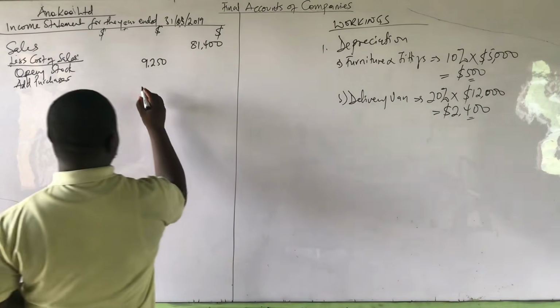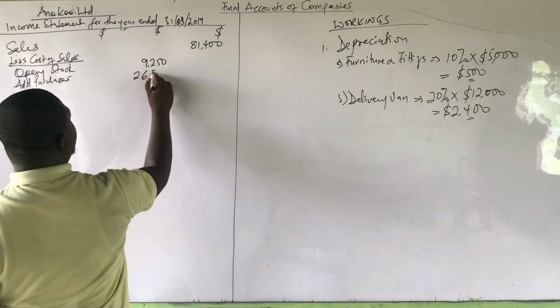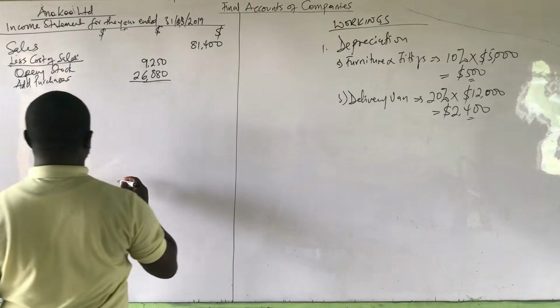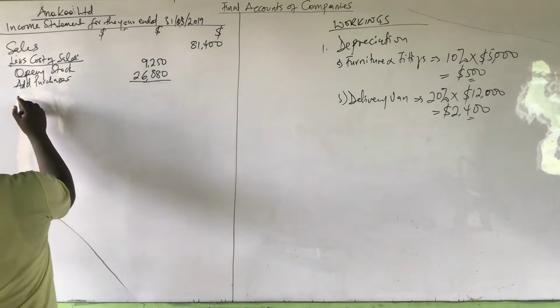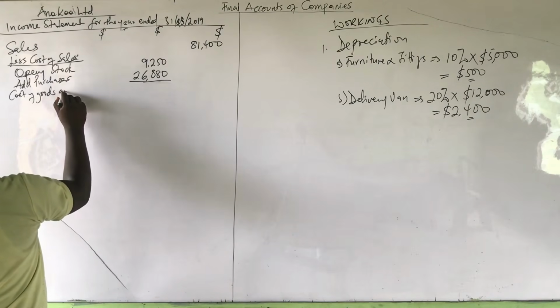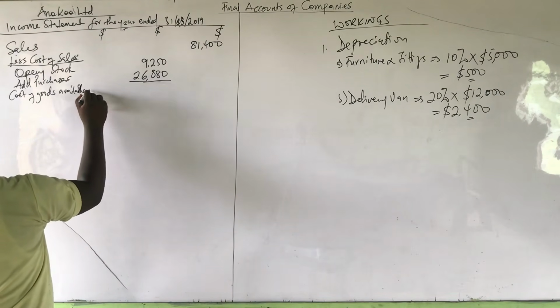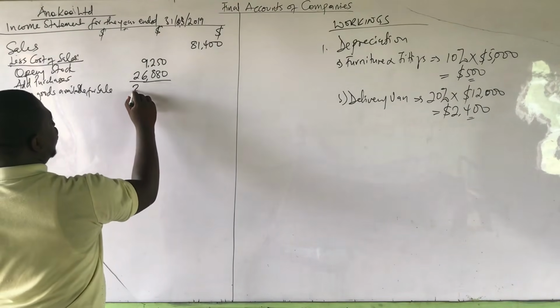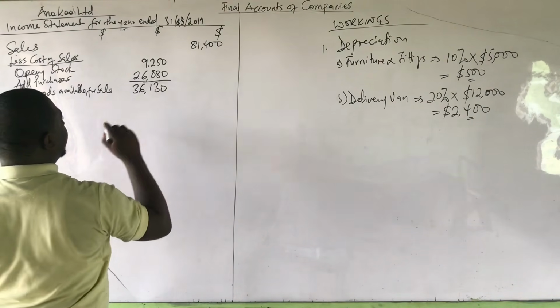So we can bring the purchases direct as 26,880. And then when we add the purchases to the opening stock, we have our cost of goods available for sale, which is equal to 36,130.